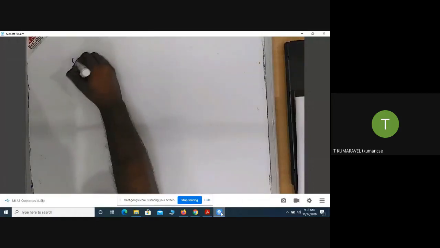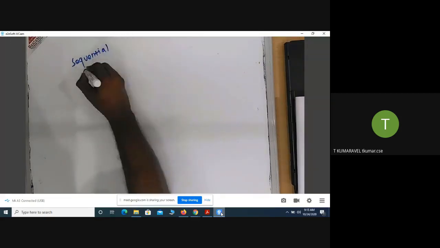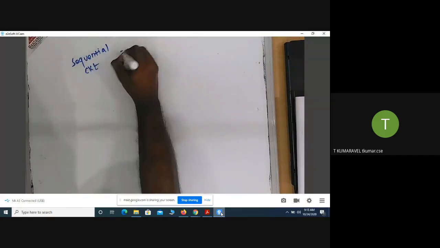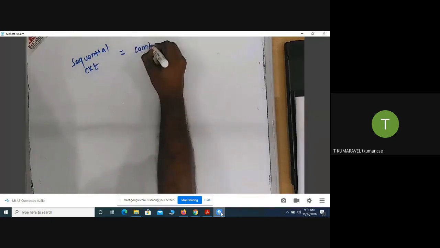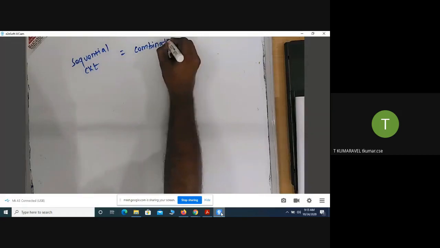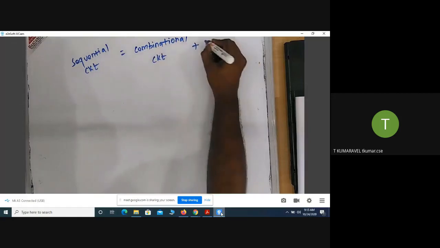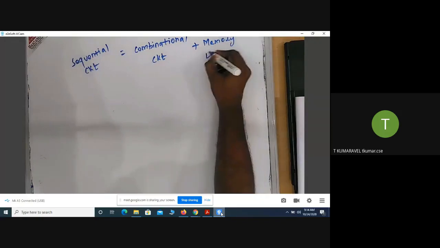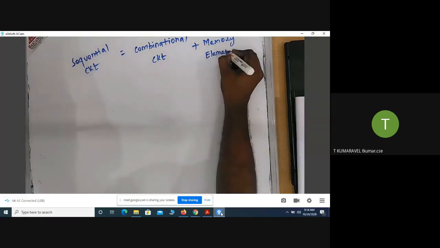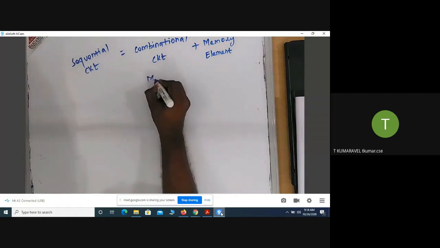Already we talked about how the sequential circuit is implemented: it's a combination of a combinational circuit as well as the memory element.